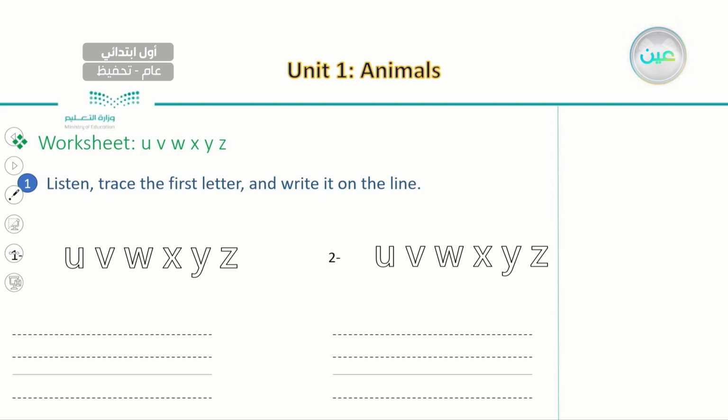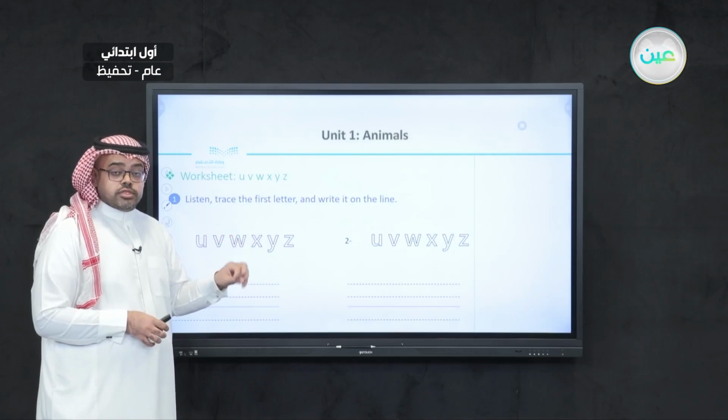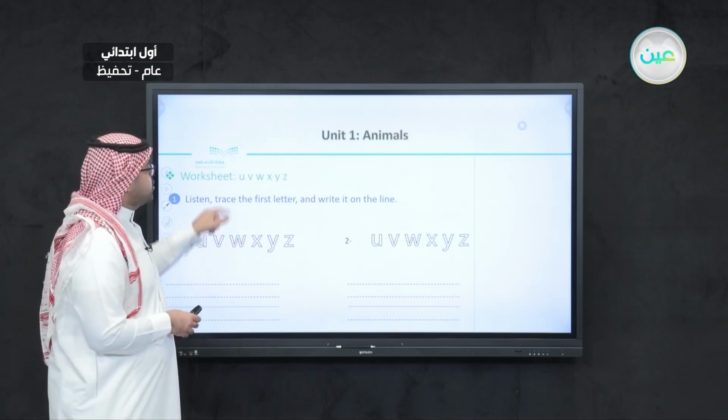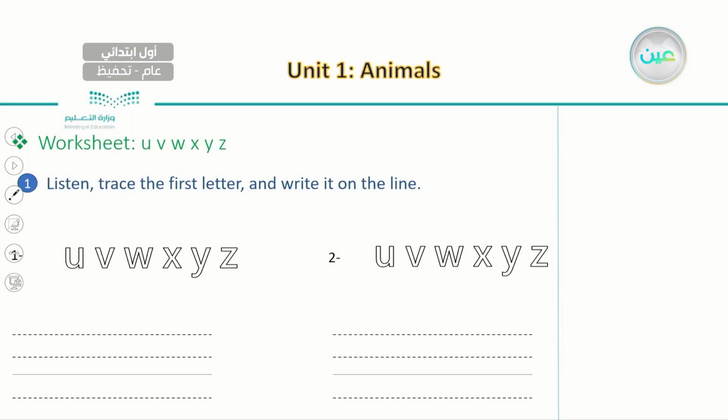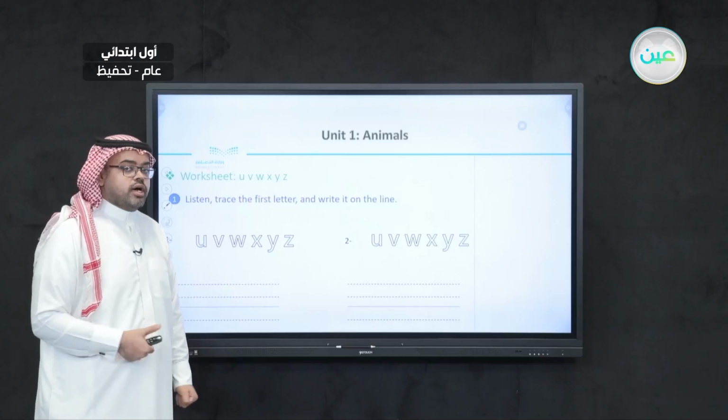So now what we're going to do is practice these exact letters. Here we have 6 letters. Let's listen to them: letter U, V, W, X, Y, and Z. We're going to listen to them one more time.